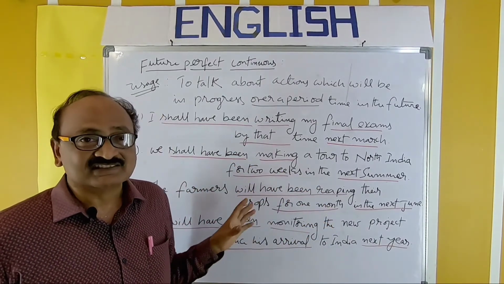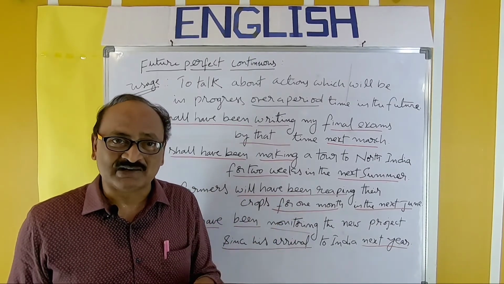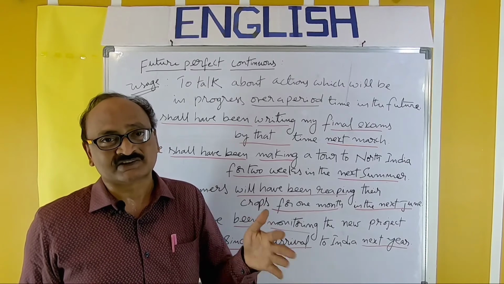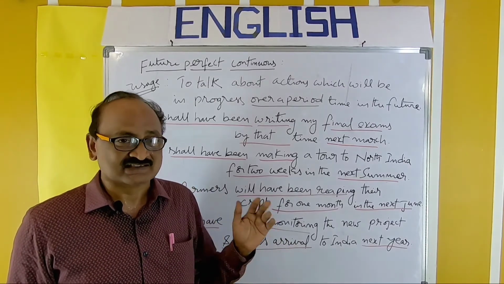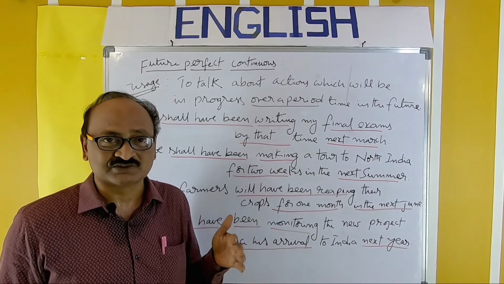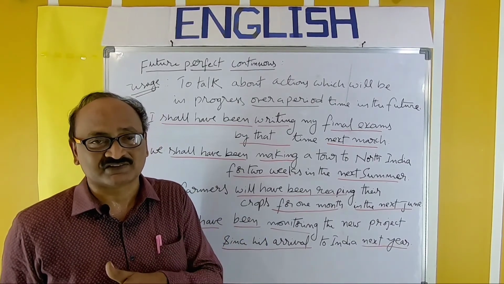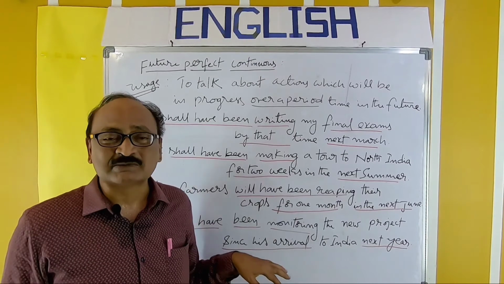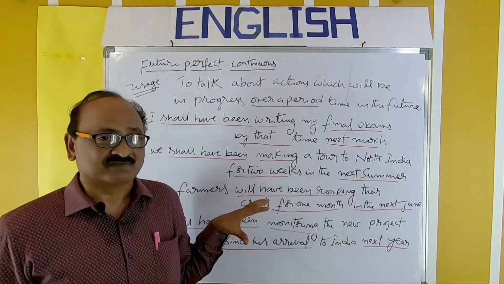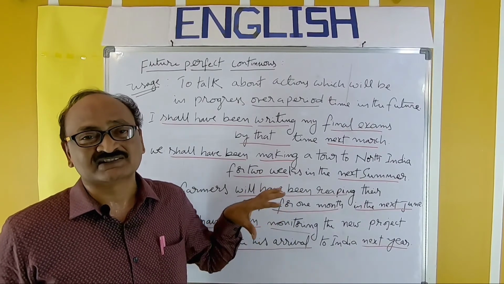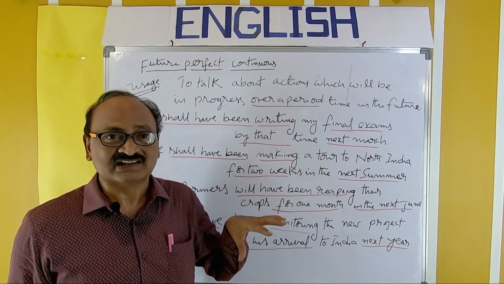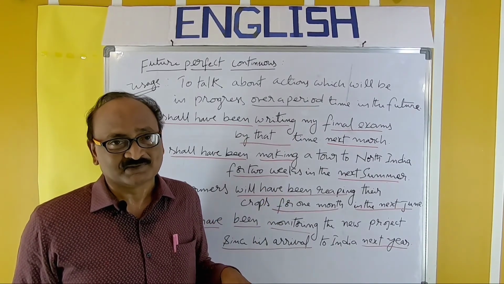So with these 3 tenses and 4 parts, present tense: simple present, present continuous, present perfect and present perfect continuous; simple past, past continuous, past perfect and past perfect continuous; simple future, future continuous, future perfect and future perfect continuous. All the tenses have been explained clearly, and I hope you will find a difference in your knowledge of English grammar after watching all these tenses. So all the best.